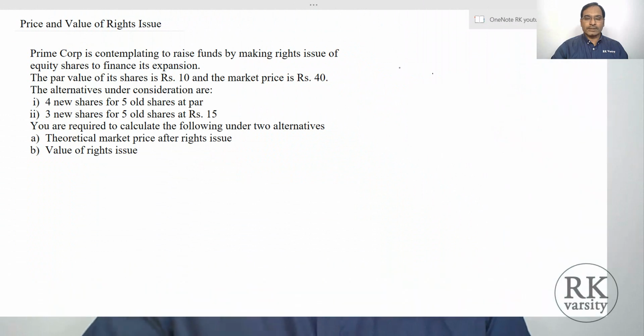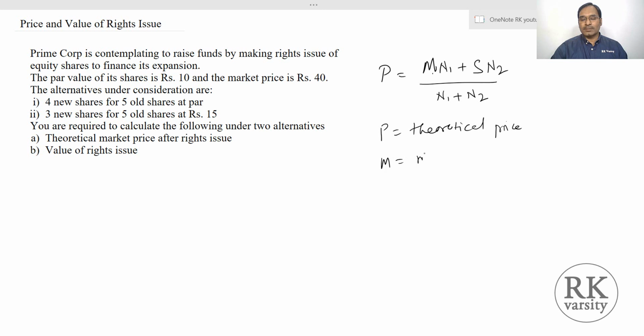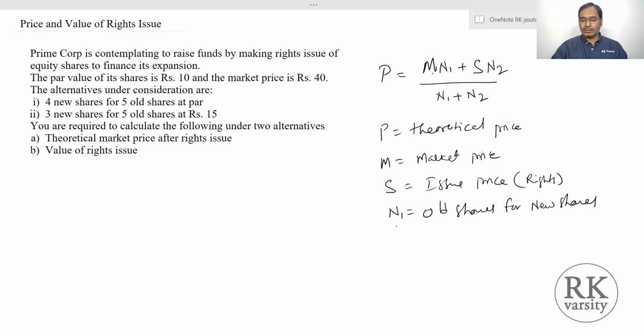The formula to calculate the theoretical price of a rights issue is here. P is the theoretical price after rights issue, M is market price, S is rights issue price, N1 is old shares for new shares, and N2 is new shares for old shares.